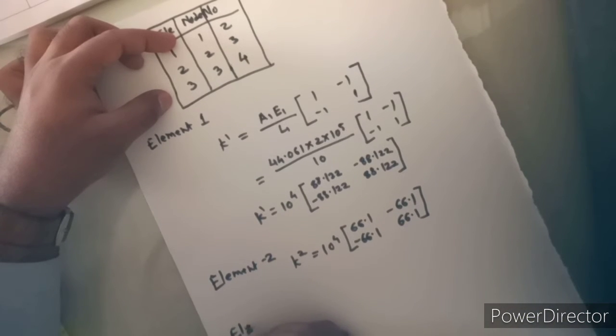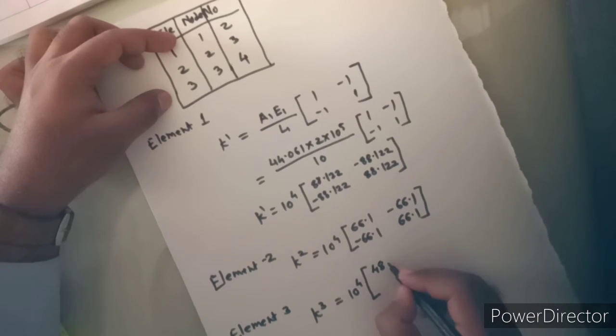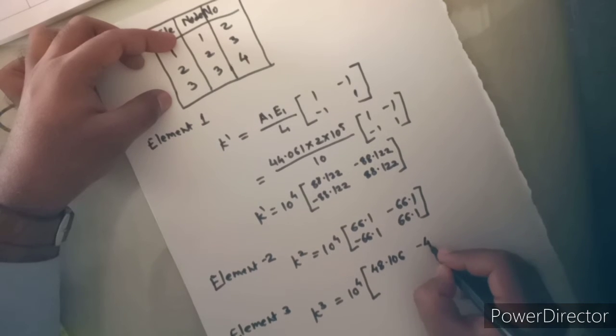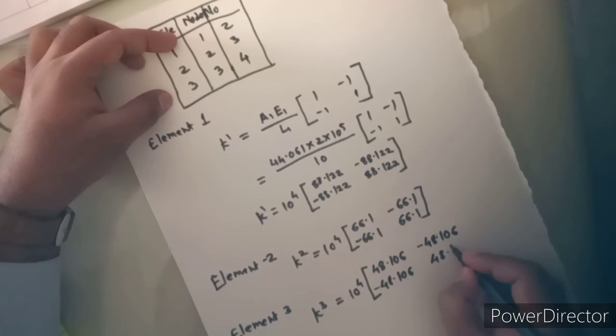Similarly, for element 3, K3 is equal to 10 raised to 4 into the bracket 48.106 minus 48.106, minus 48.106, 48.106.